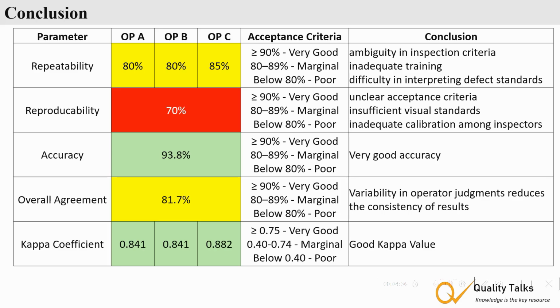So with respect to overall result, we need to calibrate operator to operator decisions. At the same time, as repeatability is also coming in the marginal area, we need to provide more training to the operators with respect to the boundary condition parts.